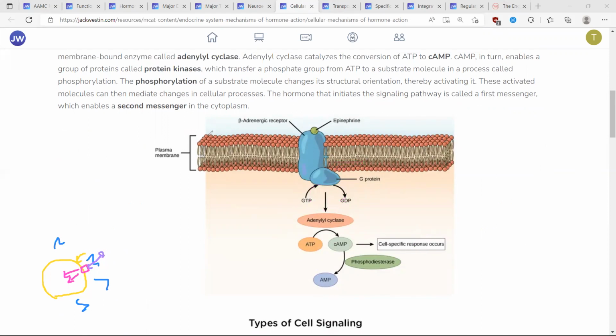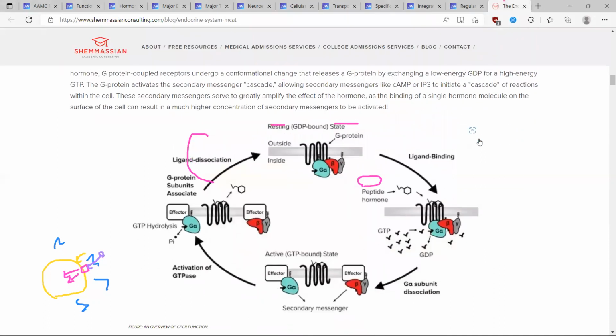So we have the plasma membrane, right? The barrier. So this is a peptide hormone that's come here and attached to the receptor, right? Here's the receptor. And the receptor is coupled to this G protein, right? So once this thing binds, this is going to cause the following thing to happen.